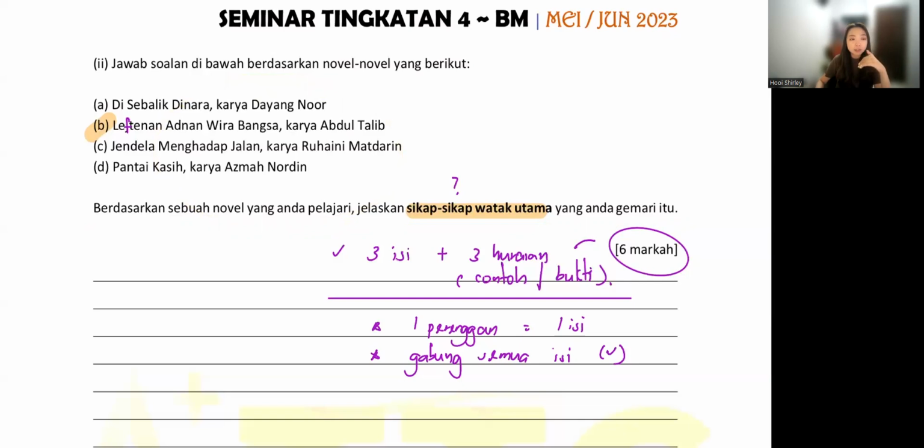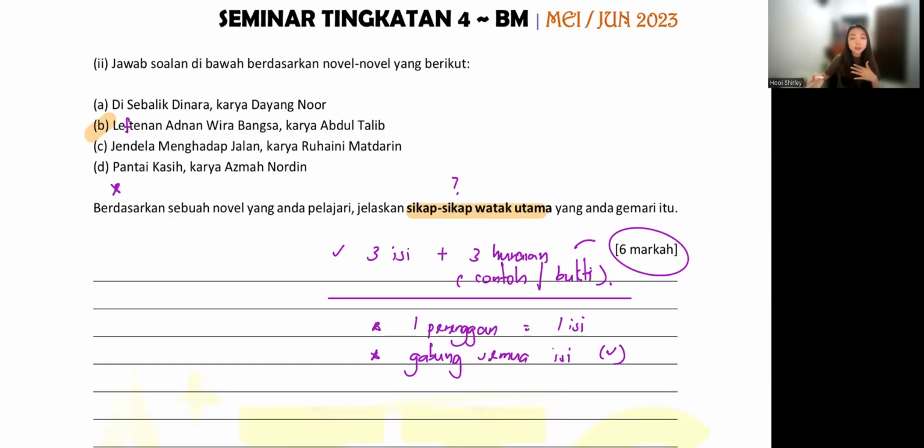Lieutenant Adnan Wirabangsa karya Abdul Talib. Then please remember, after this, no full stop, okay? You need to comma because you have these words, berdasarkan. If you have like based on blah, blah, blah, you need to continue, you need to tell what is the story after that.